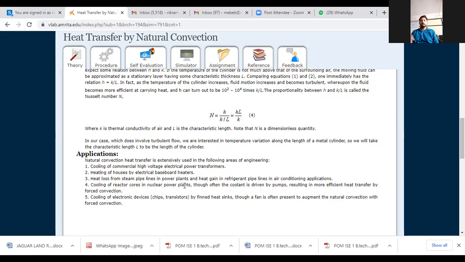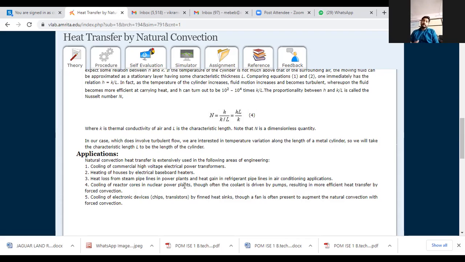Okay, so there are nuclear power plants, and pump systems, where there is a source of heat and that heat is lost to the surrounding without any external agency. Then that particular heat transfer will be considered as natural convection.